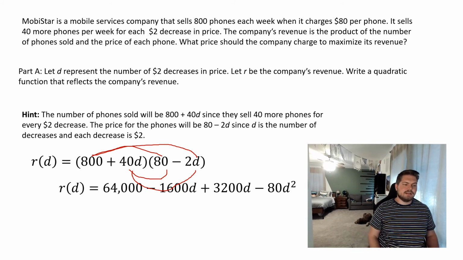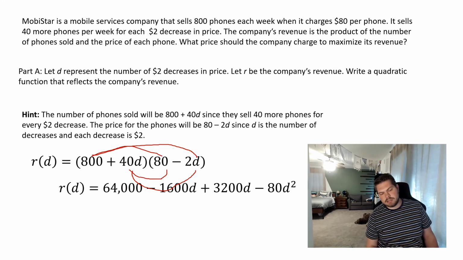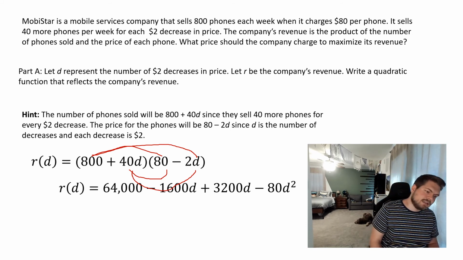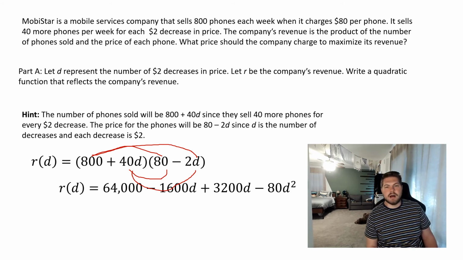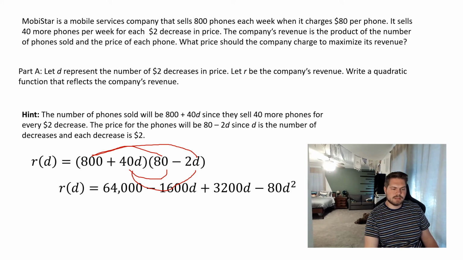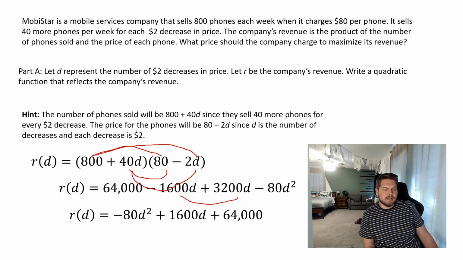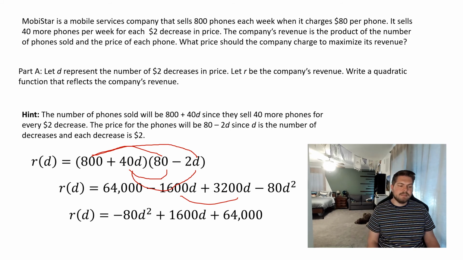And then you get 64,000 minus 1,600D plus 3,200D minus 80D squared, because remember, D times D is D squared. So now we just need to combine like terms right here, and then we get our formula. And I put it in the correct order: negative 80D squared plus 1,600D plus 64,000.